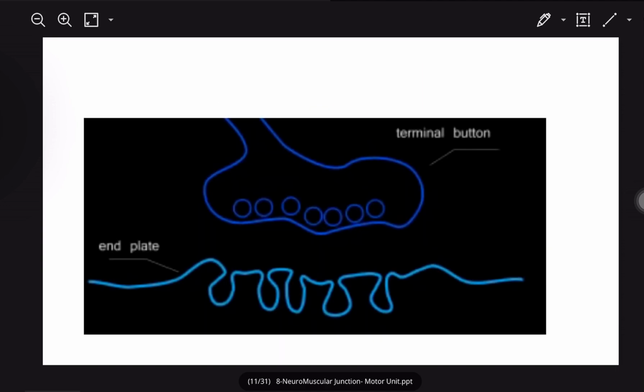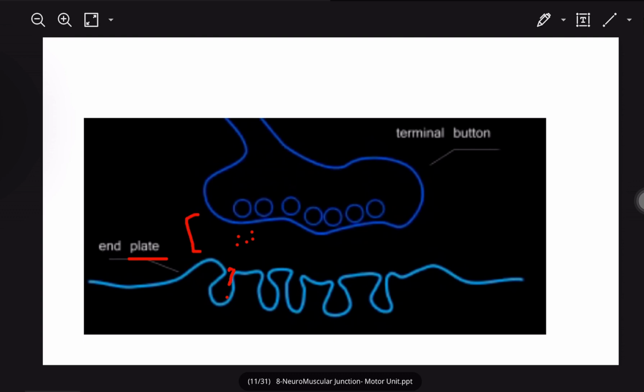So this is the terminal button, this is the end plate, and this is how it folds. You see the folds, the receptors will be here. When the acetylcholine arrives, the receptor opens the gate, it goes inside, and it folds here inside.